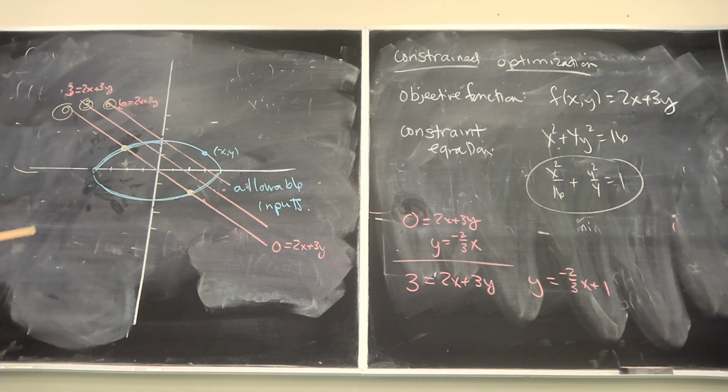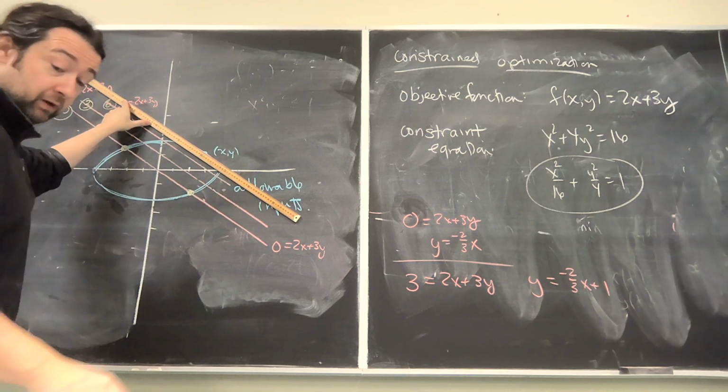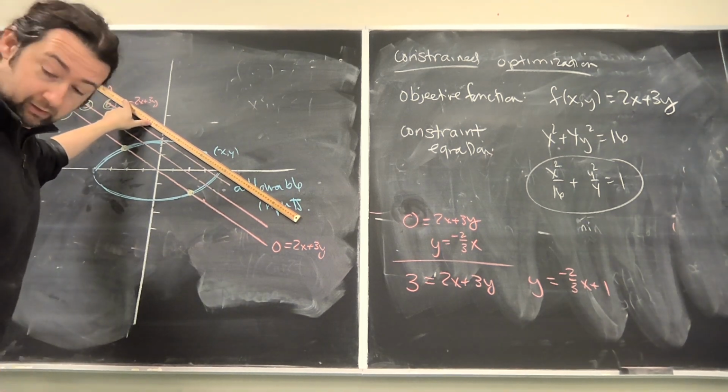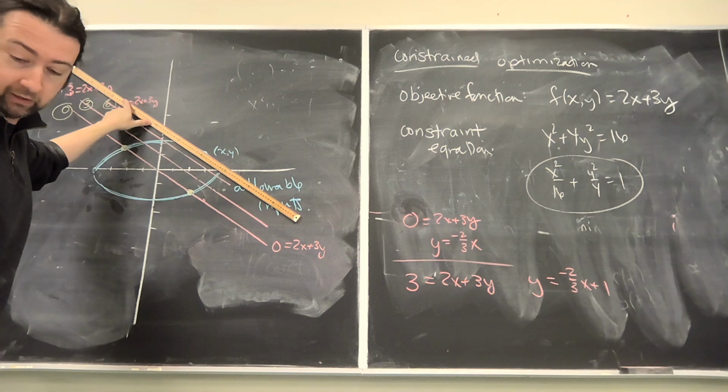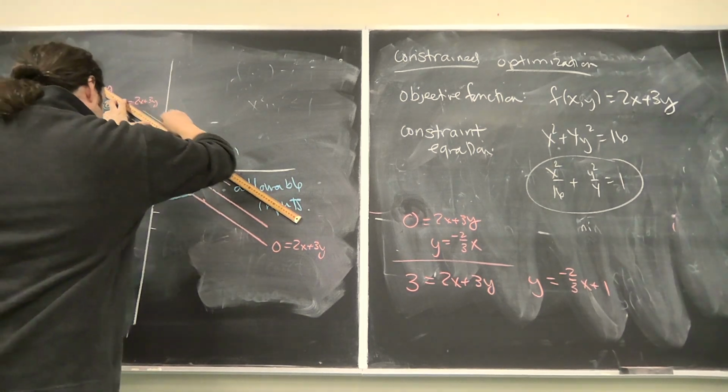Notice that as the level curves travel this direction, they're getting bigger. So what's going to happen when the level curves finally reach the edge of the ellipse? That's going to be where the attainable maximum actually sits. There's going to be this special curve out here at the edge, say right here.